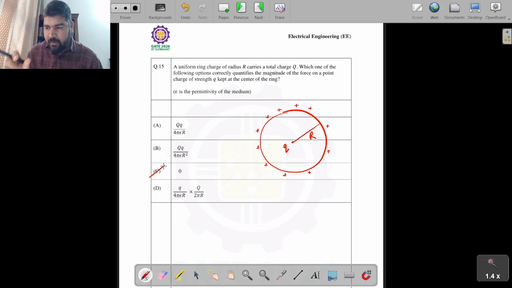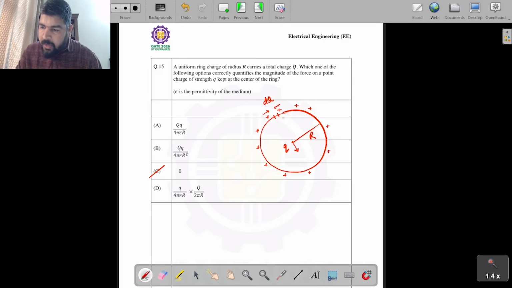Or if you want to solve it mathematically, then what you can do is you can assume a small length dl here. On this small length dl there is a small charge dq. Because of this small charge dq, there will be some force on this test charge, and the force will be in this direction.